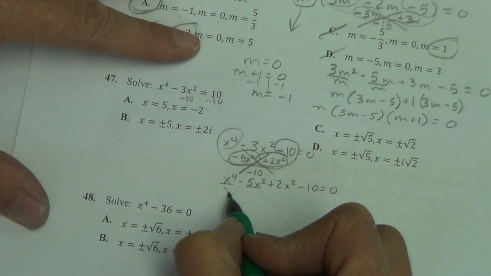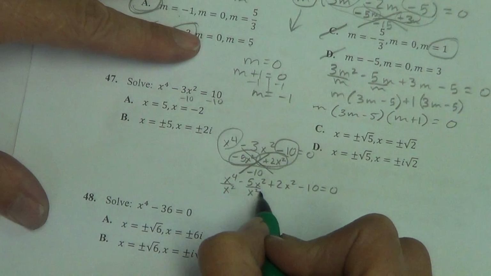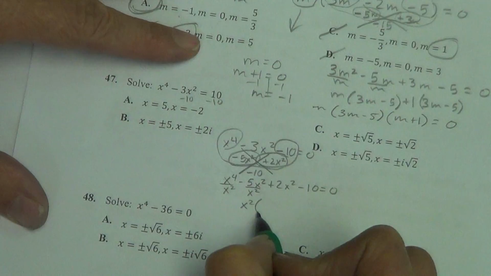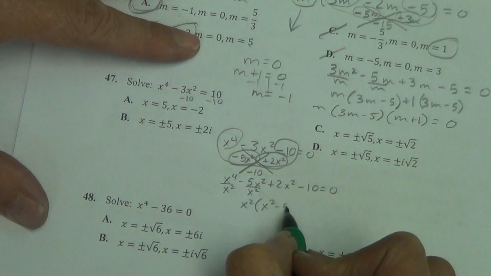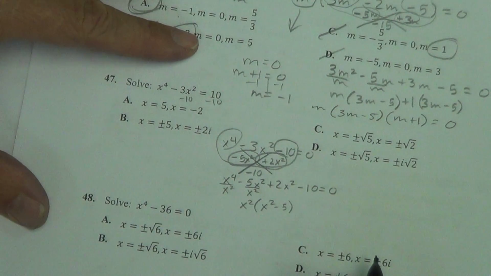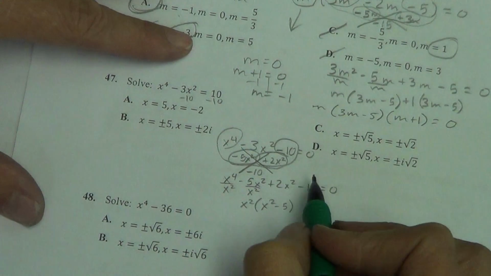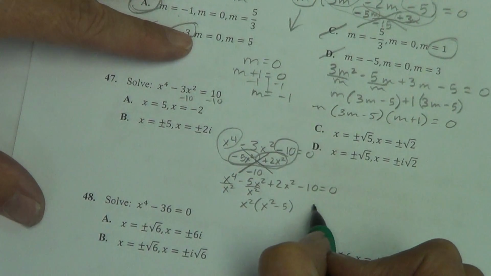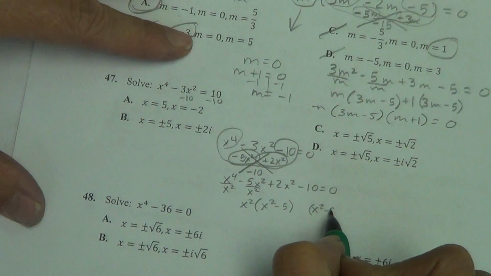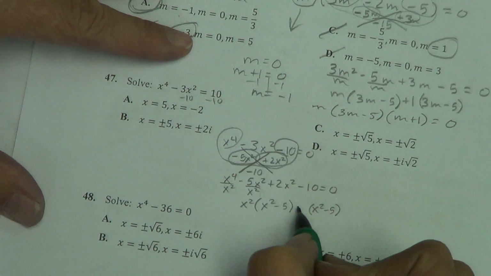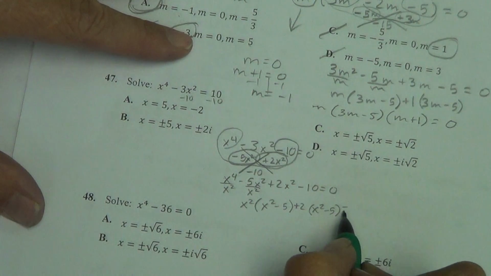We take out an x squared. We'd have x squared times x squared minus 5. Over on this side, we copy paste x squared minus 5. And we find what we're missing is a plus 2 equals 0.